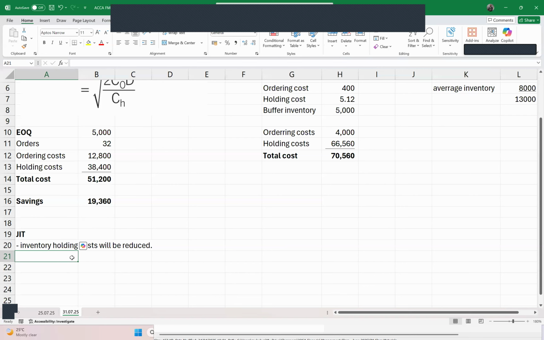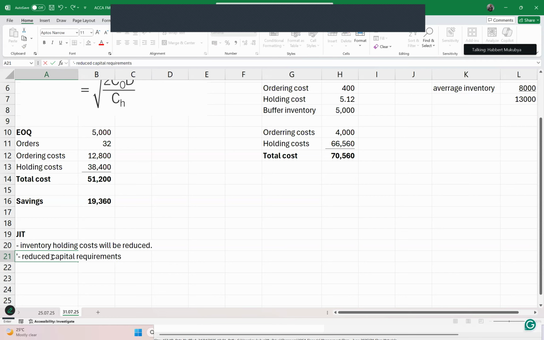And therefore, you don't have to have a warehouse where you have your inventory sitting there incurring costs.